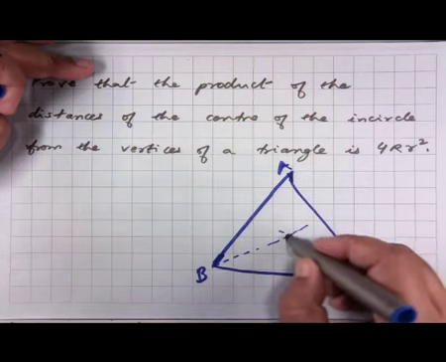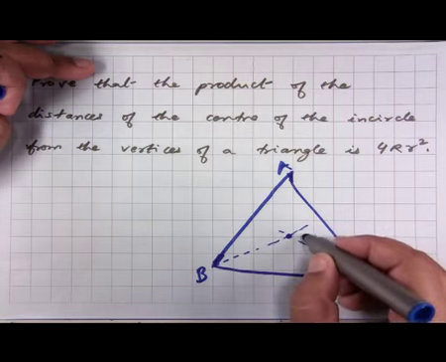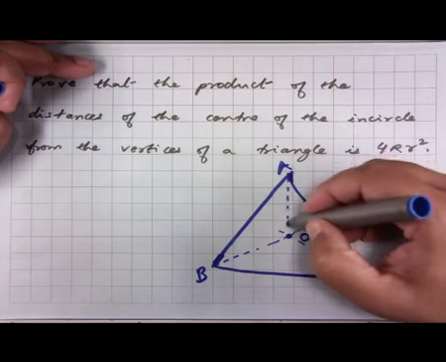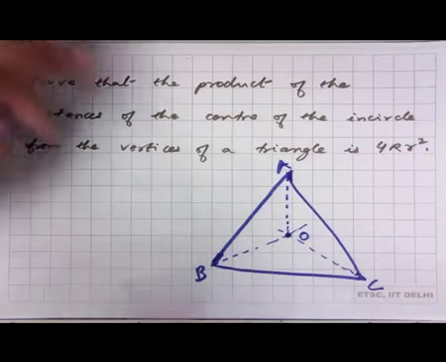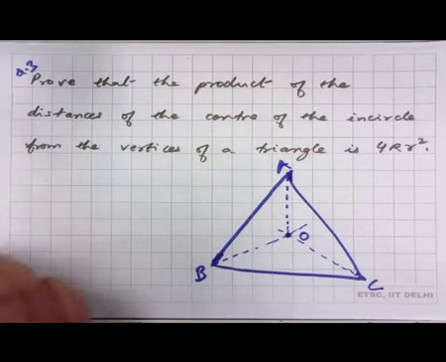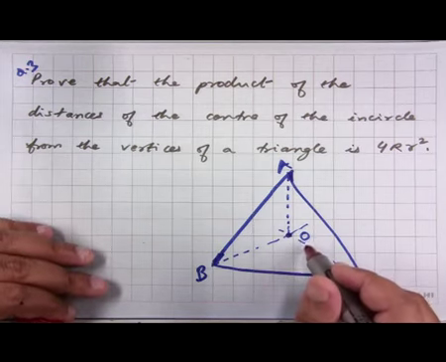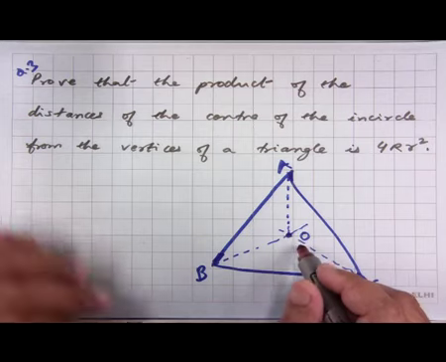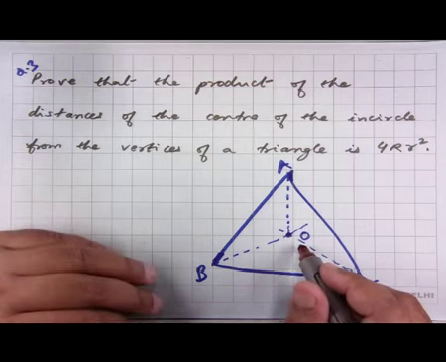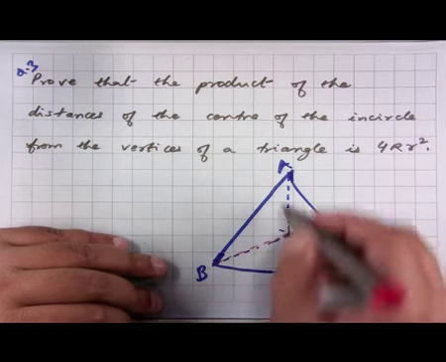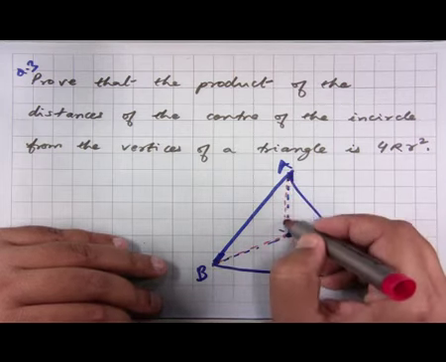So, then this point here, O, is the incenter, and therefore, these are the distances. So, let me mark them in red. The distances of the incenter from the vertices of the triangle are marked in red. So, these are the distances.